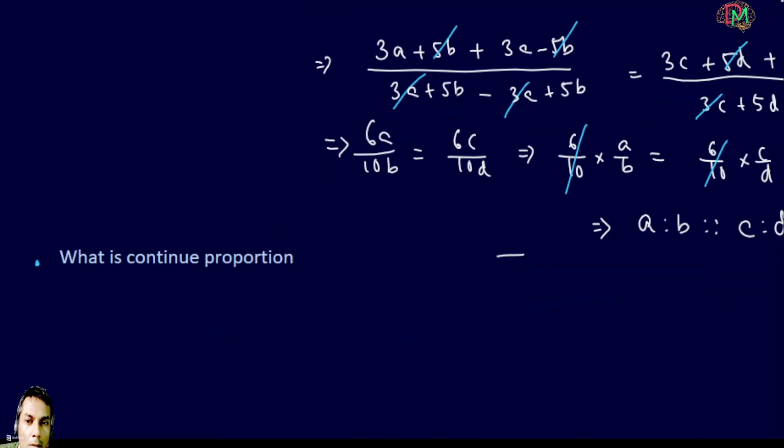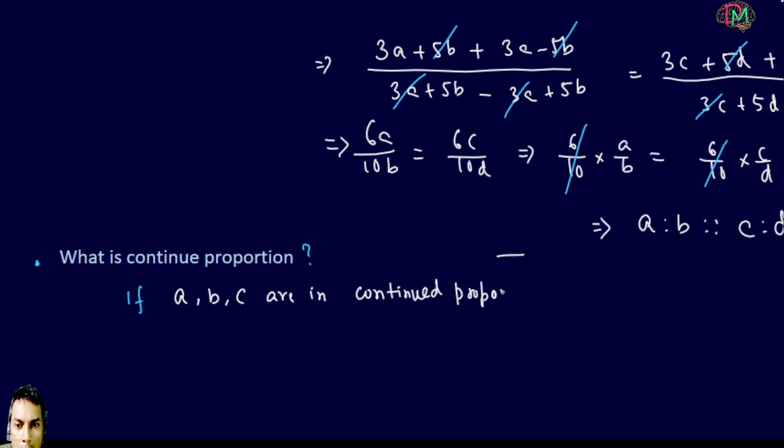So next we learn what is continued proportion. If a, b, c are in continued proportion, then we can say a is to b proportional to b is to c.